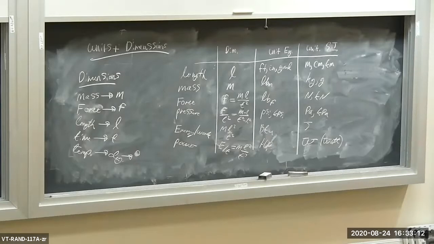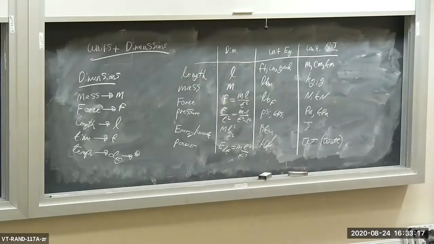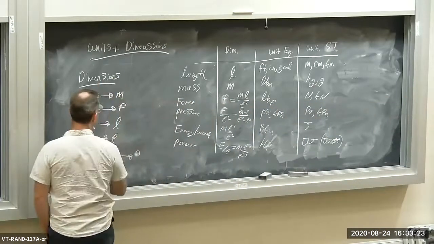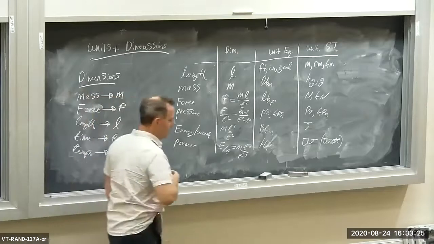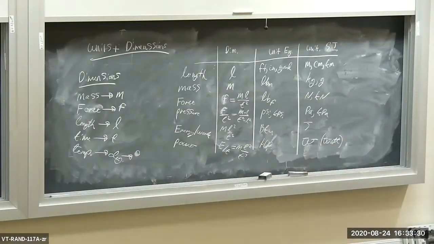Okay, so this is just a reminder of all the units you're going to be dealing with in this course, in addition to temperature. You should bear in mind whenever you do a calculation to check the dimensions of your result. One good way to check your work is to make sure that the units or dimensions work out.